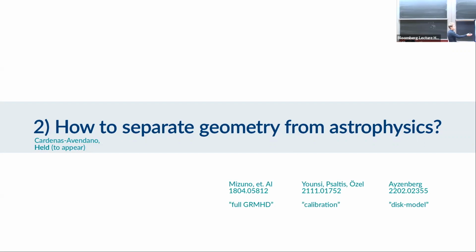And there have been some approaches to that. The first one, which you're probably not even able to see, this really takes a single theory beyond GR and tries to perform full GRMHD with that theory, and then compare that to the GR. Well, as you know much better, there's also assumptions in GRMHD about the astrophysics.